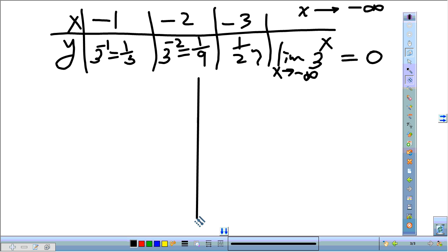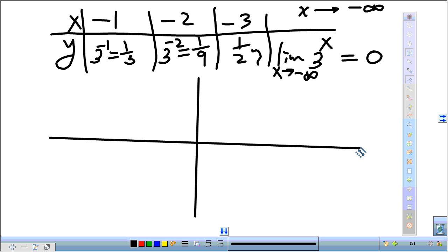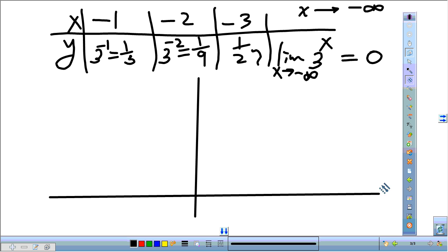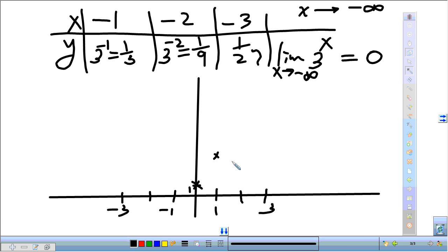So, a quick sketch. Let's see. So at 0 we have height 1. At 1 we get height 3. At 2, well, we're already high enough I can barely graph it.